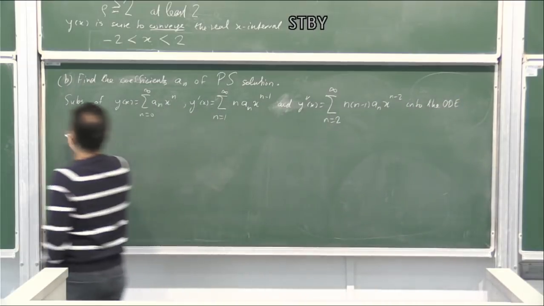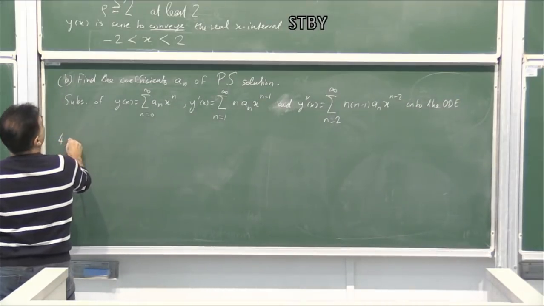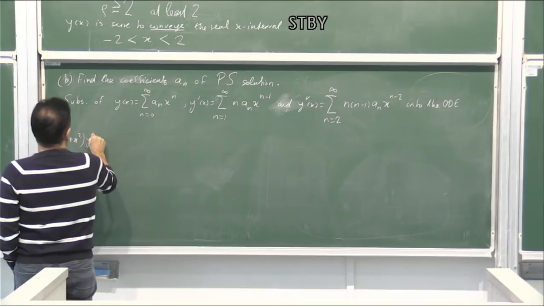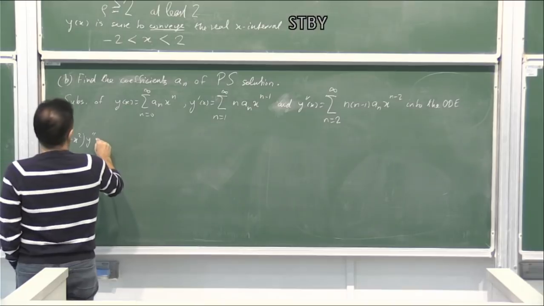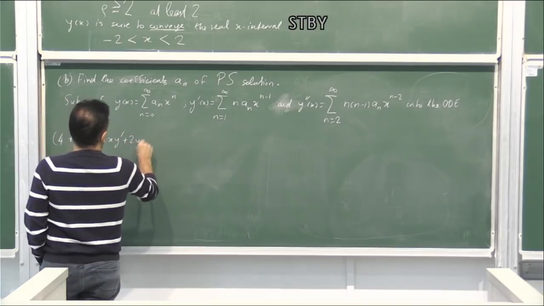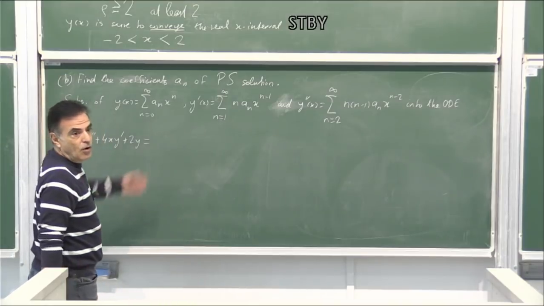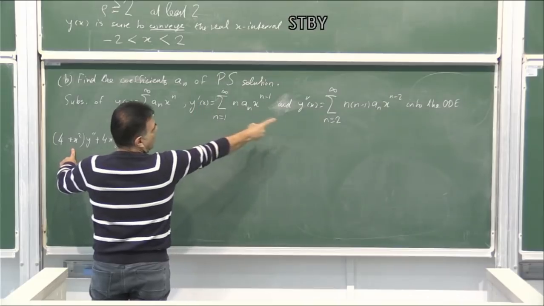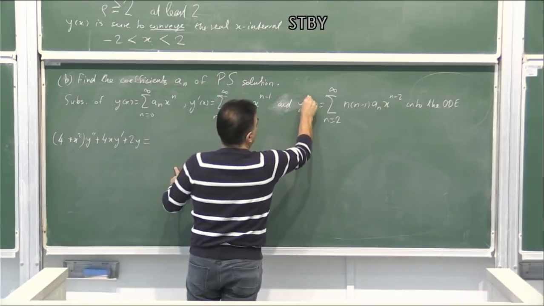Into the ODE, we have that 4 plus x squared times y double prime plus 4x y prime plus 2y then takes the form, if this is a solution. So multiply y double prime by 4.